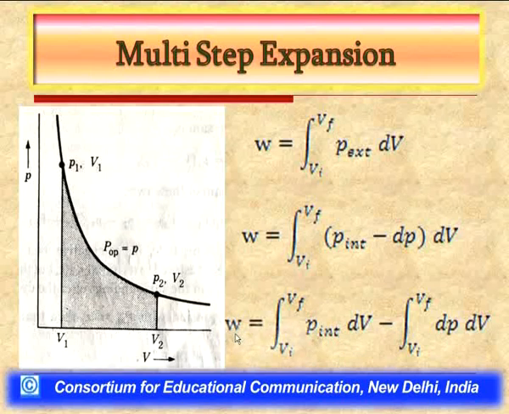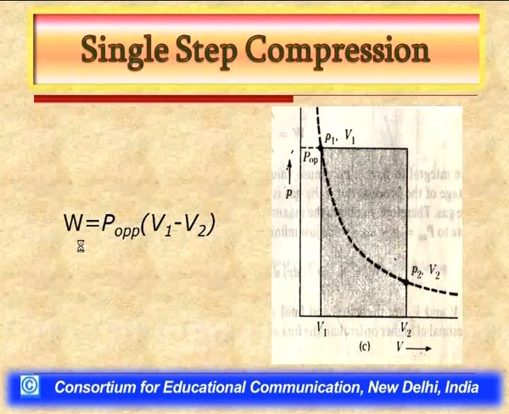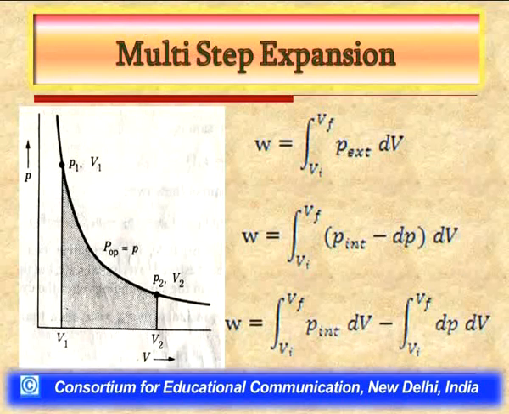As you observed in the PV diagram, when we compare single step expansion with two step expansion, in two step expansion there was greater work involved, and in a multi-step expansion process, you can see the shaded area just lies below the PV expansion curve.